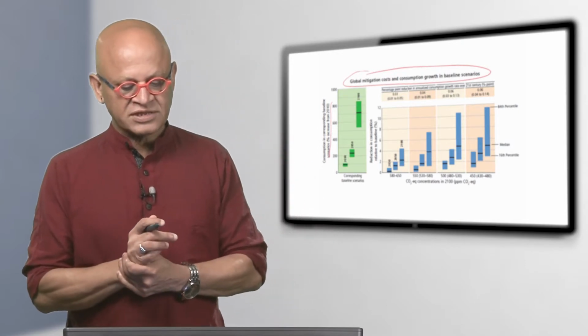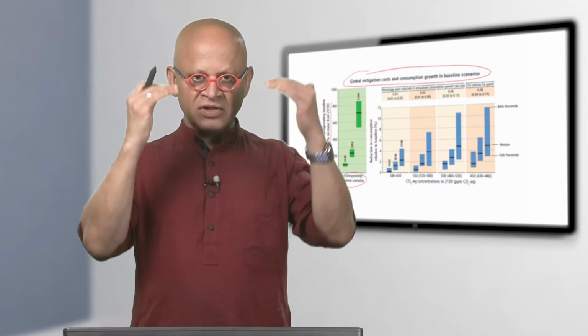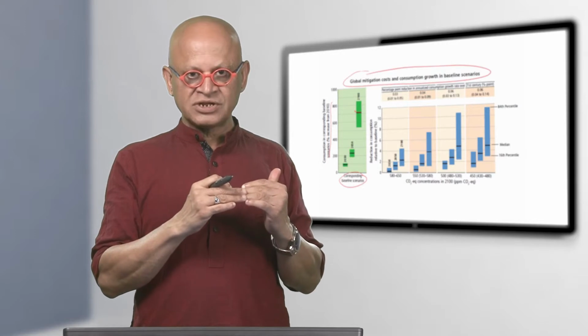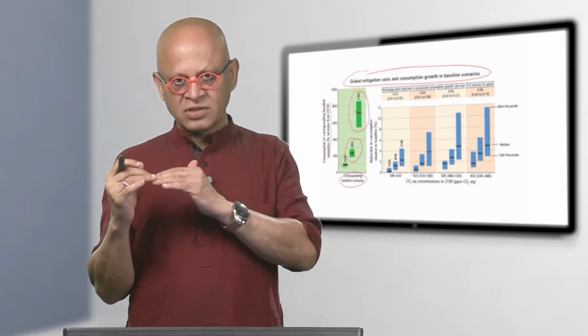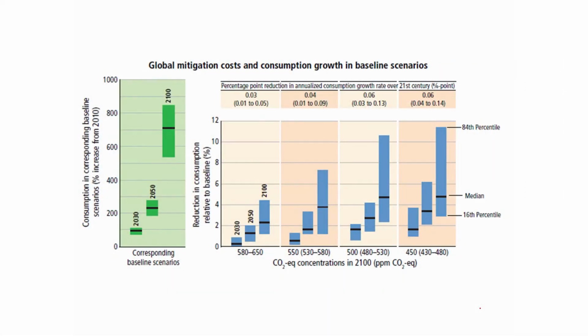Okay. So, that is kind of a quick run through several areas where adaptation is possible and risks exist that will grow with warming. Now, the mitigation costs and consumption of growth in baseline scenarios.